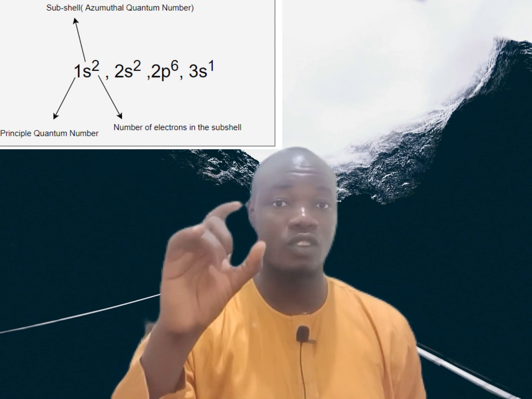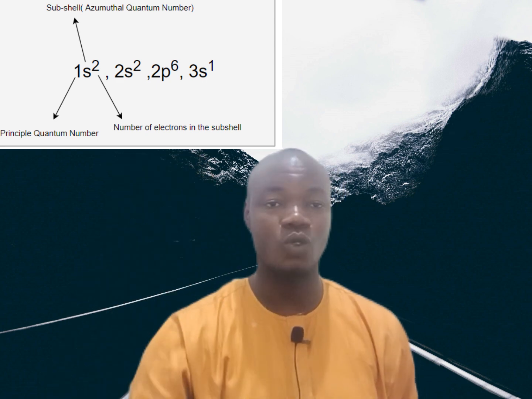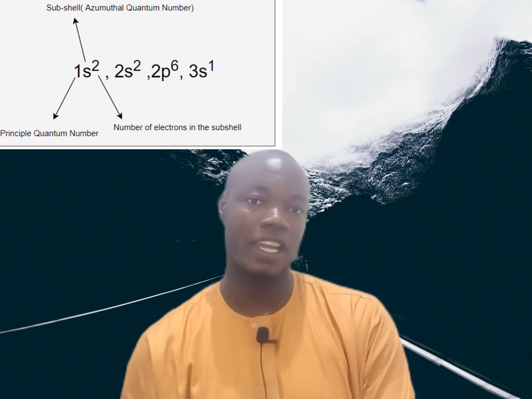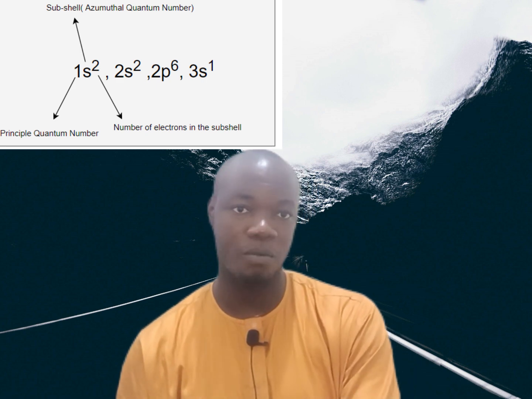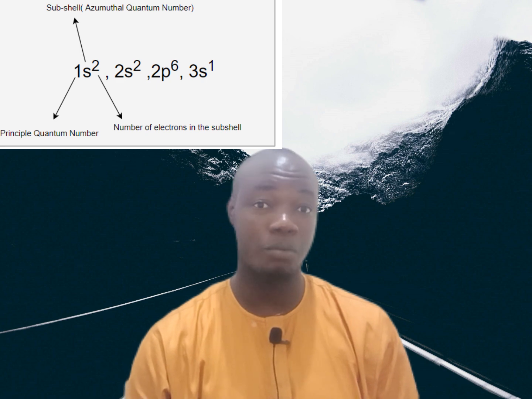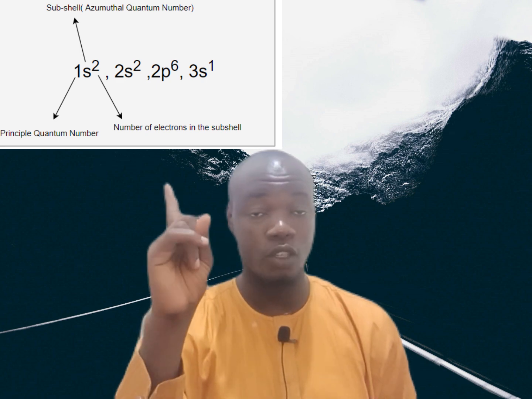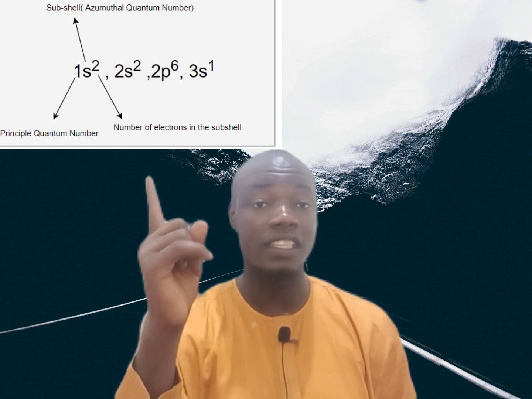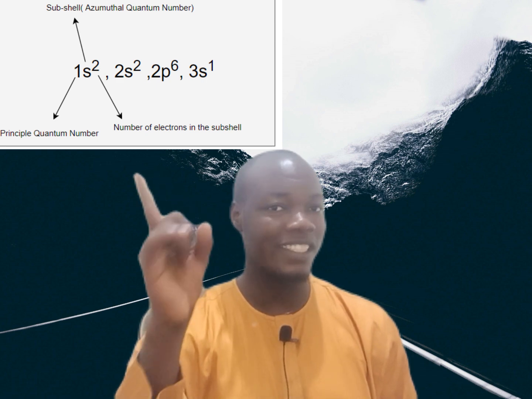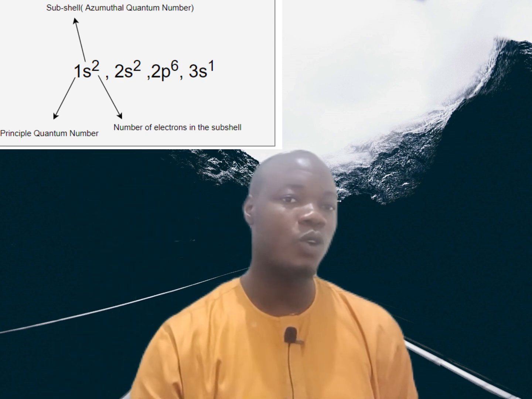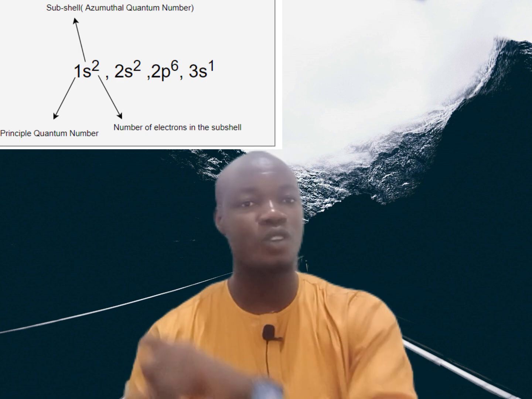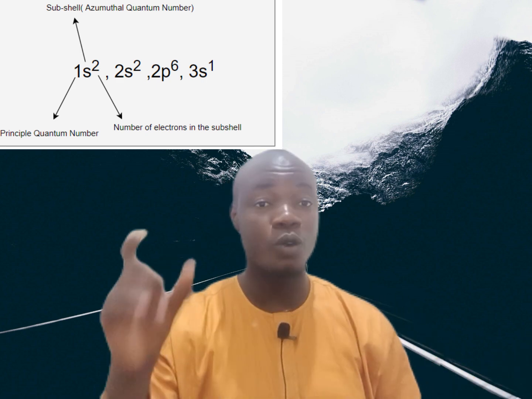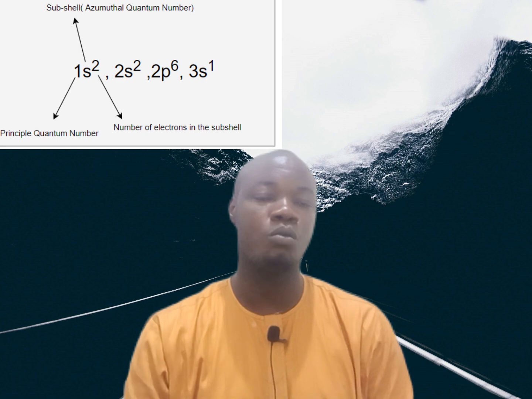Because the last electron is on the s orbital, it is called an s block element. So sodium is an s block element. The last energy level is 3, and that last energy level also indicates the period. So you can use orbital configuration to know the group and period to which an element belongs.